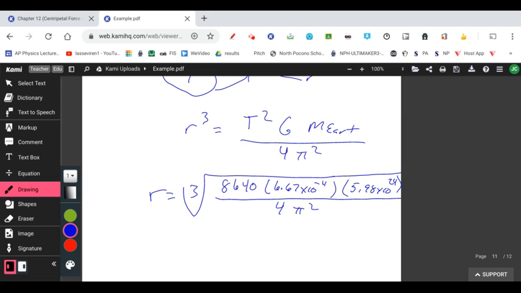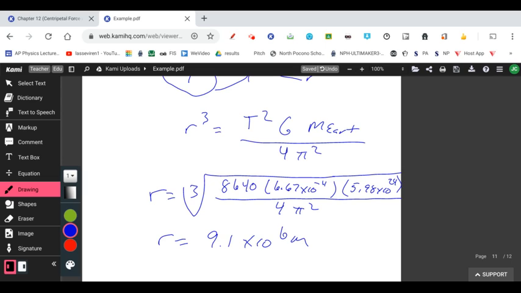Get an answer. Then divide by, in parentheses, 4 pi squared, close parentheses. Once I had that answer, then I would take the cube root. That's the way I would do it, just to make sure I didn't mess something up with parentheses. But ultimately, when you do it for these numbers, you get approximately 9,100,000. So 9.1 times 10 to the 6th meters.